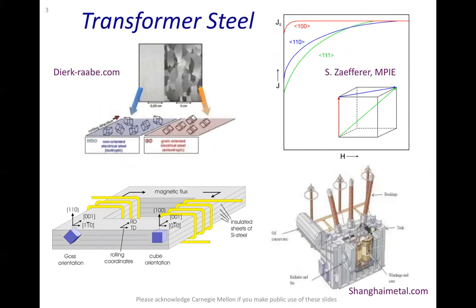Another critical issue where texture comes into play is in transformer steels. If we look at the anisotropy of current versus magnetic field for different crystallographic directions, we see that along the 100 direction, to get the same magnetic field, we need a much higher current compared to 111 or 110, right?